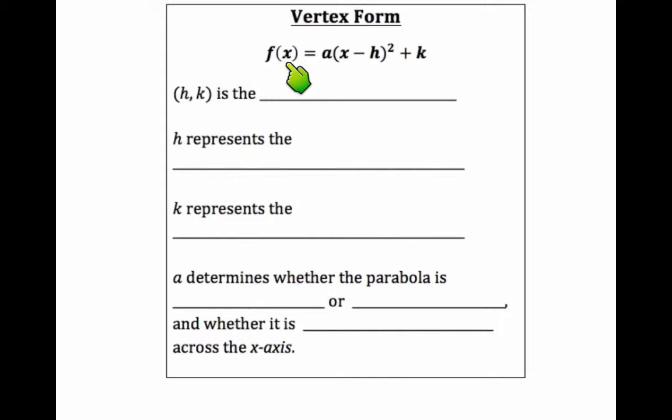Vertex form is f of x equals a times x minus h squared plus k. hk, as we said before, is the vertex. H represents what? That's right, the translation that the graph would make horizontally. So it's the horizontal translation.